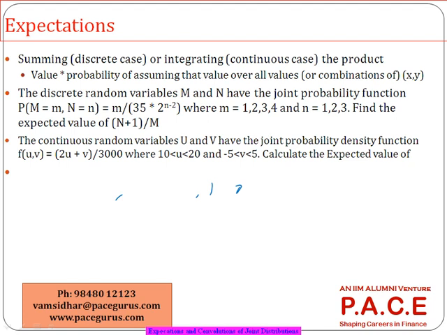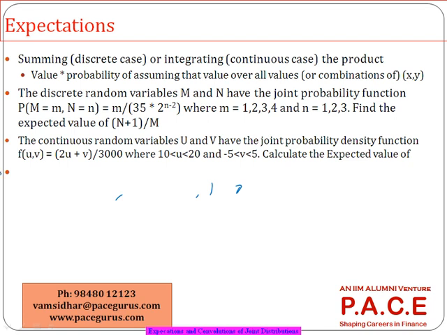If I want to find the expected value, let's take the expected value of uv. If we are talking about the expected value of uv, then all we are talking of is you integrate the joint function with its corresponding u and v.